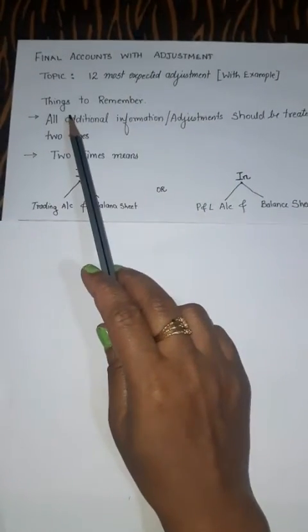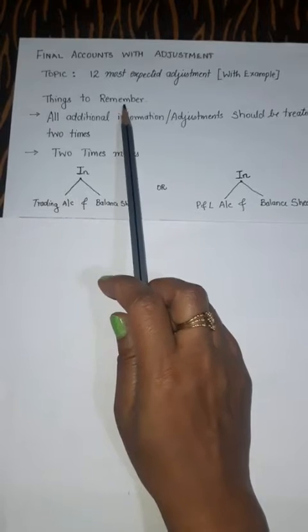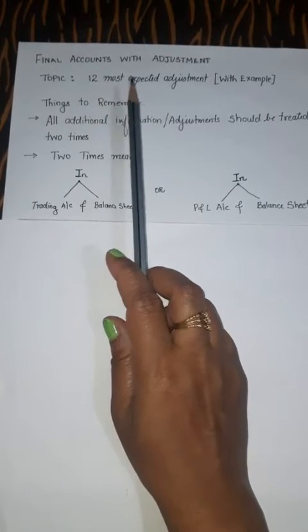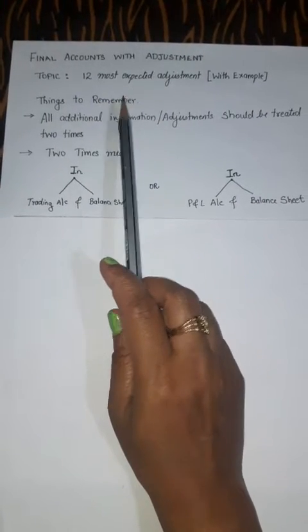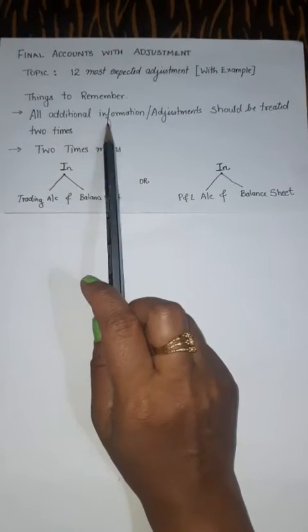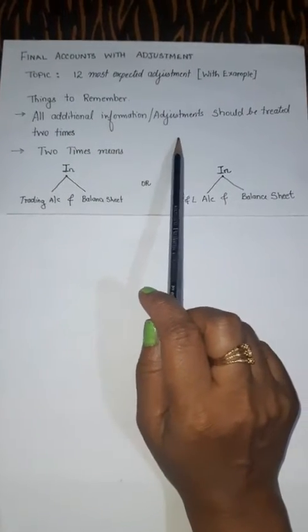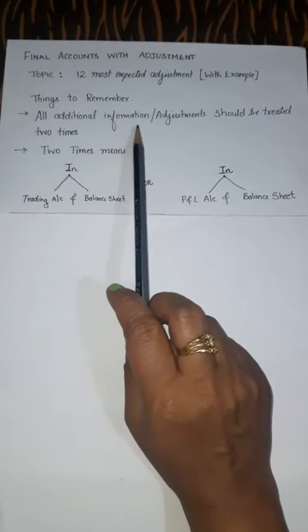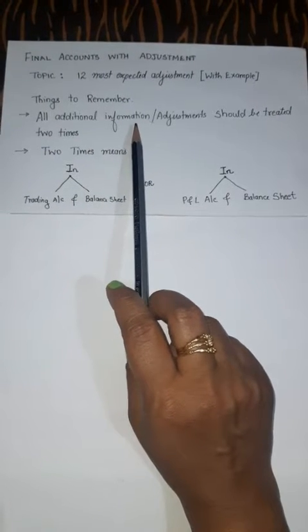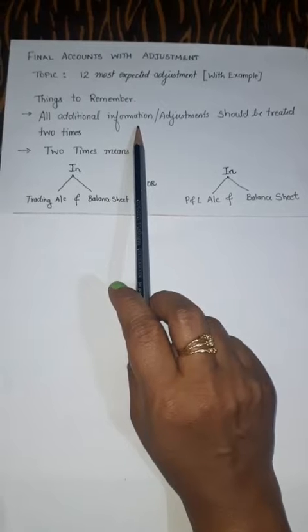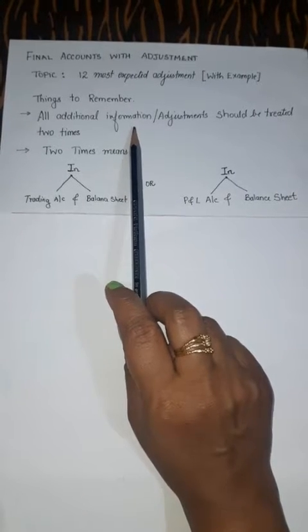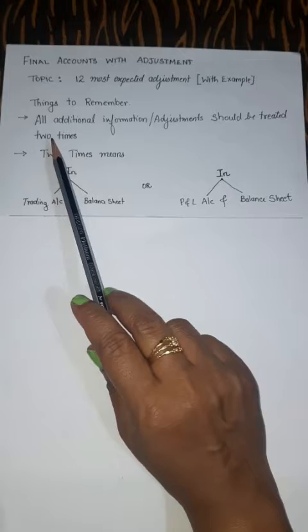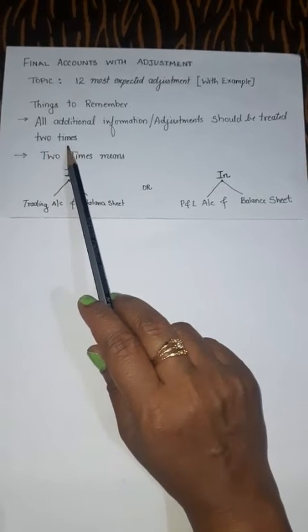Here are some important things to remember while doing the problems related to final account with adjustments. All additional information or adjustment should be treated 2 times. So whenever there is an adjustment or additional information given to you, we have to go for 2 treatments.